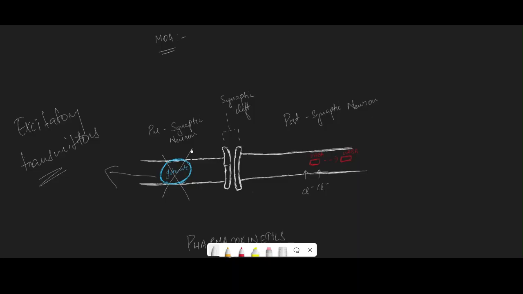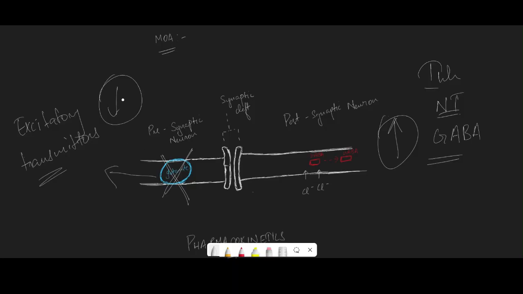So what does acamprosate do? It inhibits glutamate, and at the same time it enhances the GABA. Now, what is GABA? GABA is an inhibitory neurotransmitter. So it decreases the glutamate, whereas it increases the GABA.